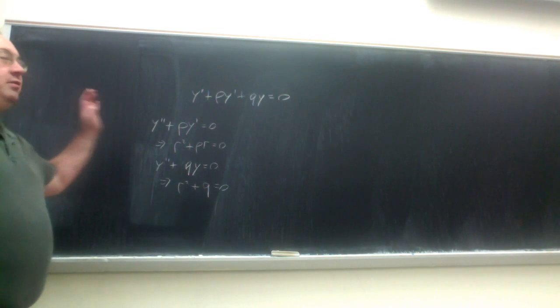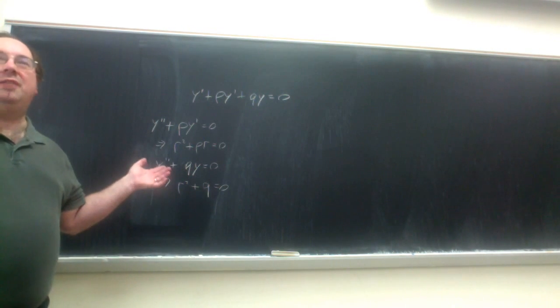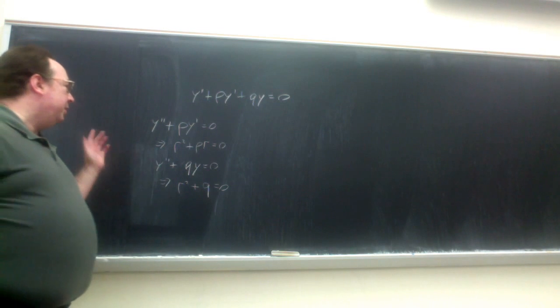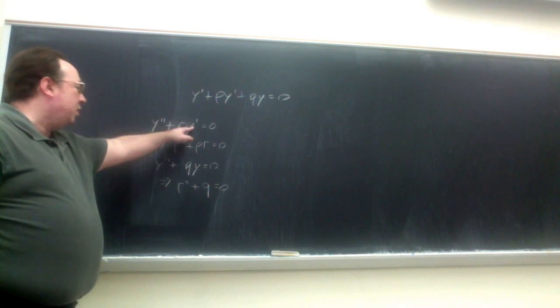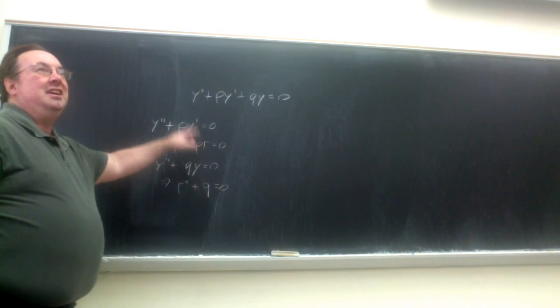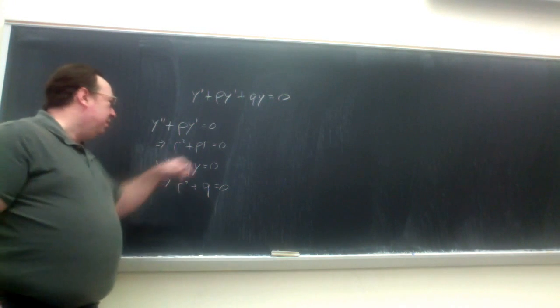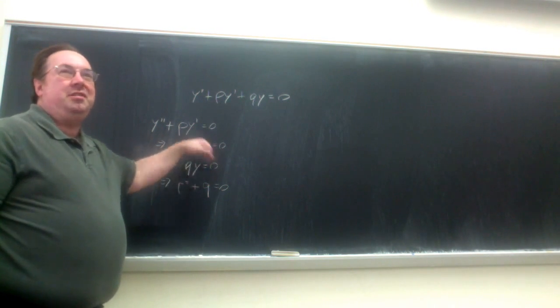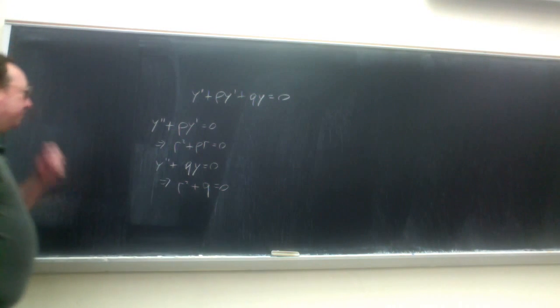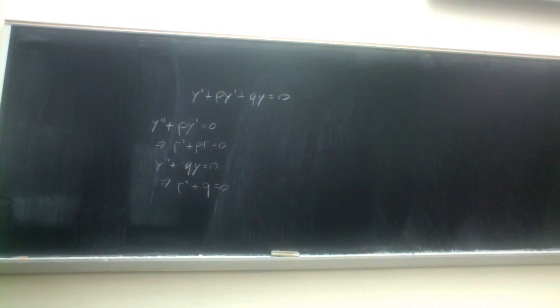So when you only have two terms, and one of them is going to be y double prime because we're doing second order equations, pay close attention to whether the other term is a y prime or a y. It's a common mistake to put an r in that second term where it shouldn't be, or vice versa. So that's one stumbling block for some people.